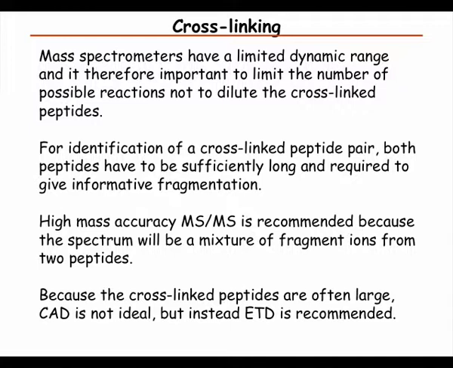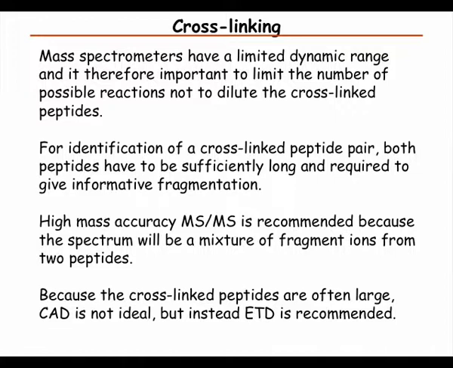And since we have all these different possibilities, the signal gets diluted, and we also have the problem that in mass spectrometry we have a limited dynamic range. Those two in combination make it quite difficult.